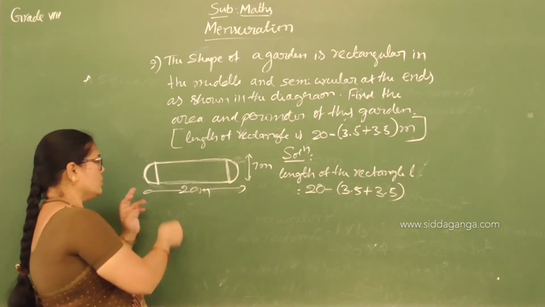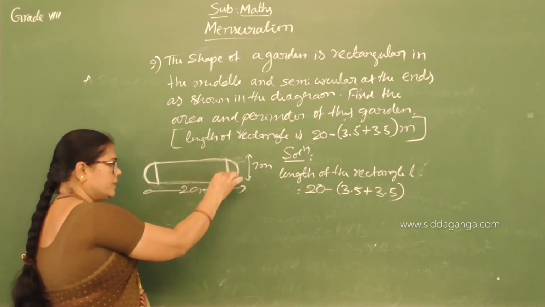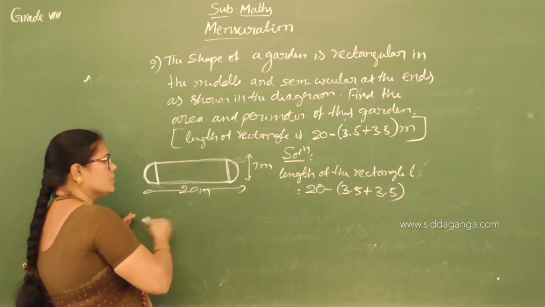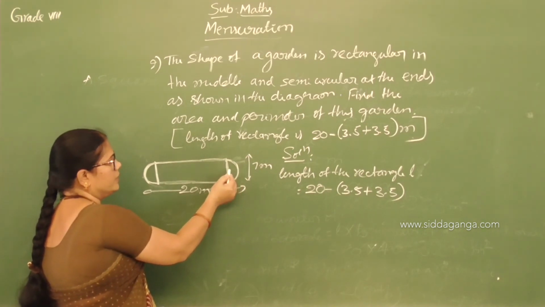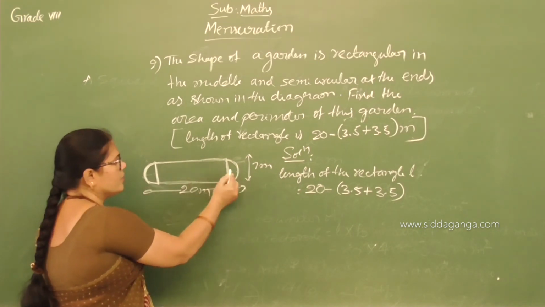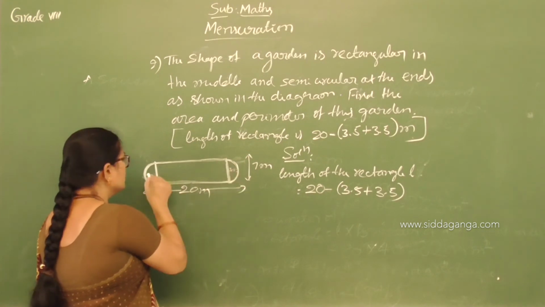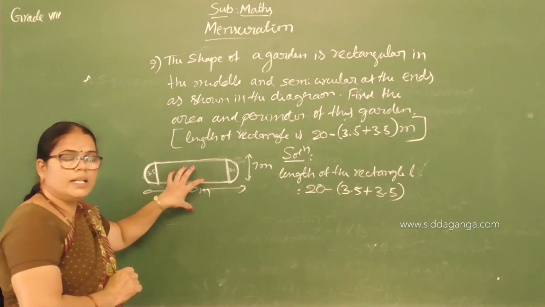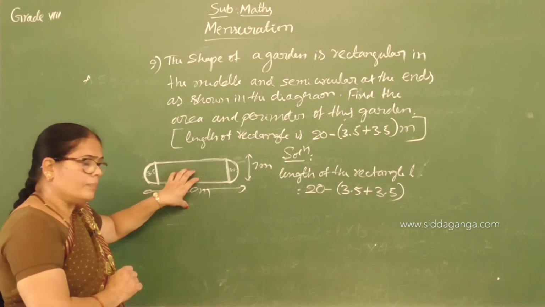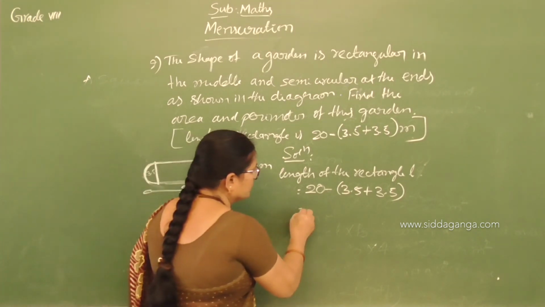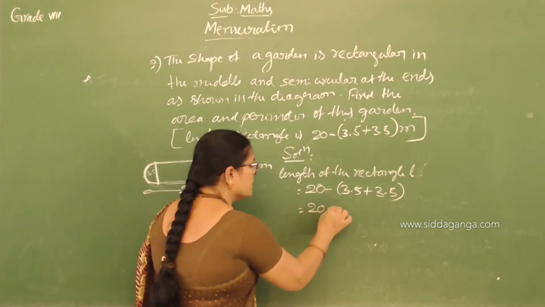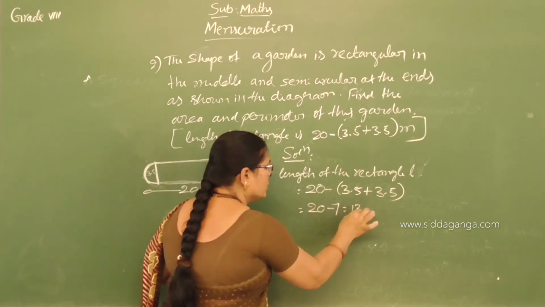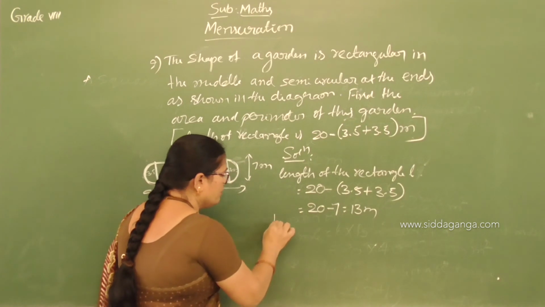Here the diameter of the semicircle is equal to 7 meter, so radius is equal to 3.5. We have to subtract 3.5 meter on both sides to get the length of the rectangular park. That will be equal to 20 minus 7, which is 13 meter. Next, breadth.